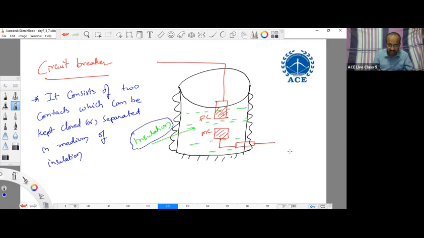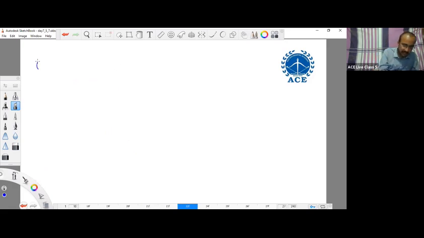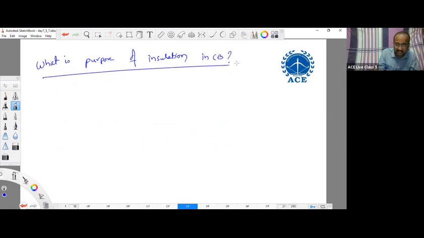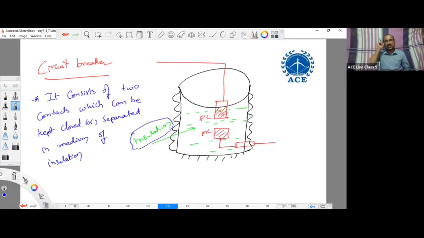Now let us see what is the purpose of insulation in circuit breaker. In the first class, I have said whenever the contacts get separated, there is a formation of arc.